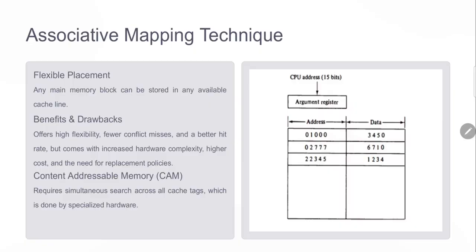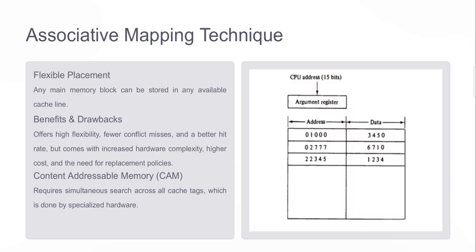The next mapping technique is associative mapping. You might know about associative memory. Associative memory is the fastest and most flexible cache organization we have.